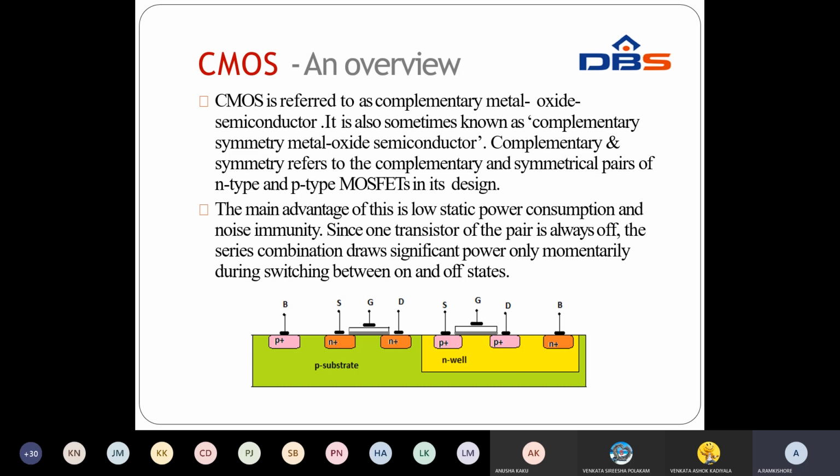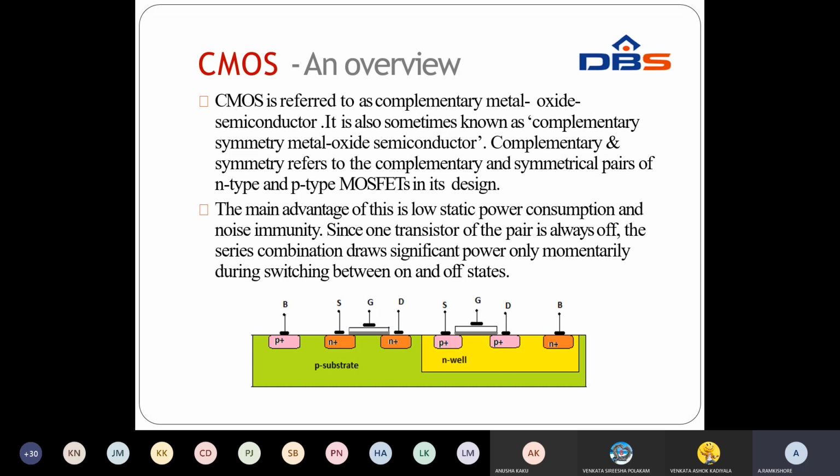Whenever we combine the two MOSFETs, only then can we call it a CMOS. Clear? Do you understand? CMOS means that it should consist of both the P type MOSFET and the N type MOSFET. Then only we can call it a CMOS, complementary metal oxide semiconductor.